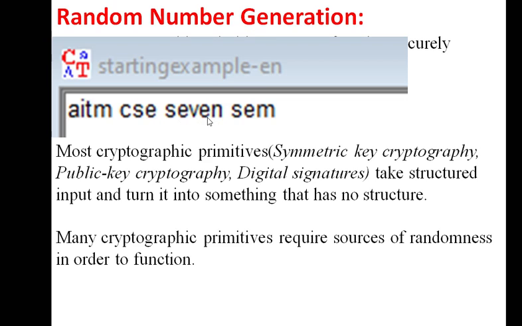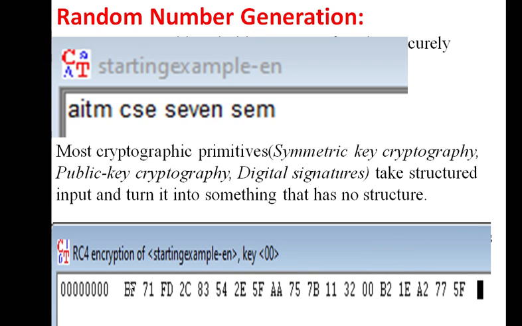For this input string, I can generate a random number. This is a kind of random number with the help of RC4 encryption. If you decrypt this random number, then you will get your proper AITM CSE 7SEM string. This is how we can generate a random number.